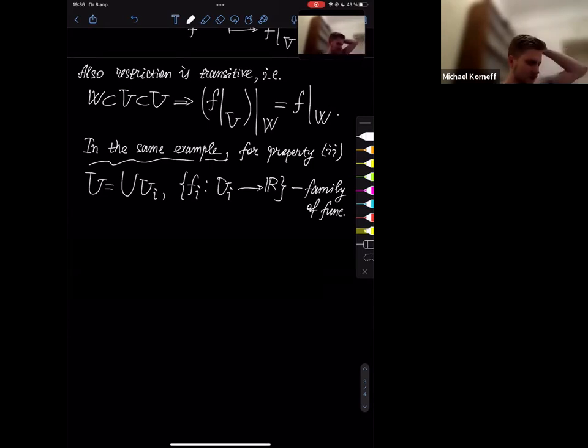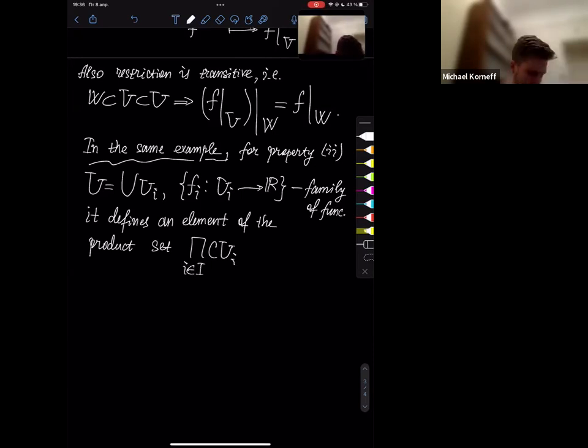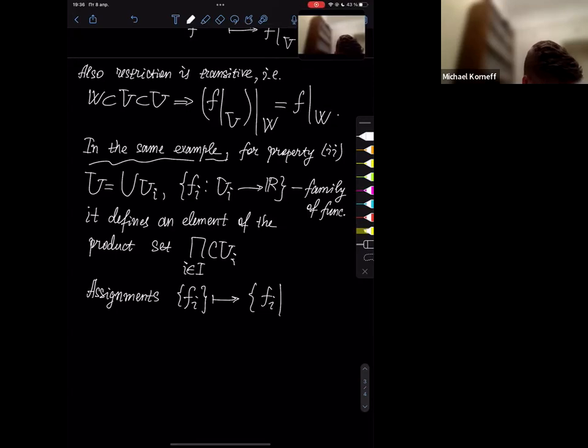This family defines an element of the product set, the product of C(U_i) over the set I, and the assignments f_i to f_i restricted and also f_j to f_j restricted on the intersection.